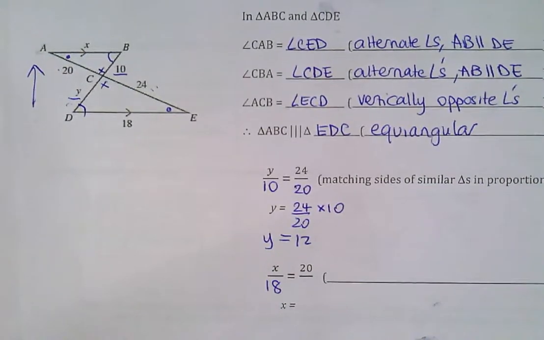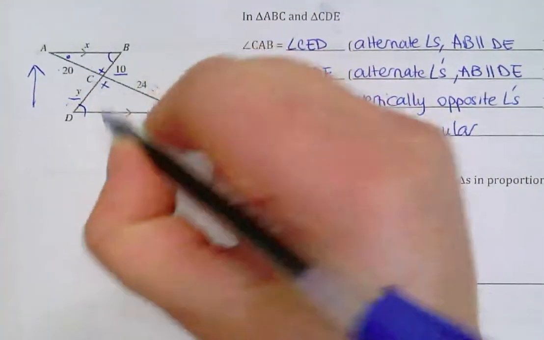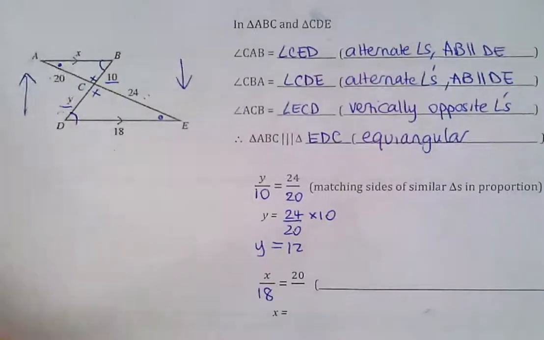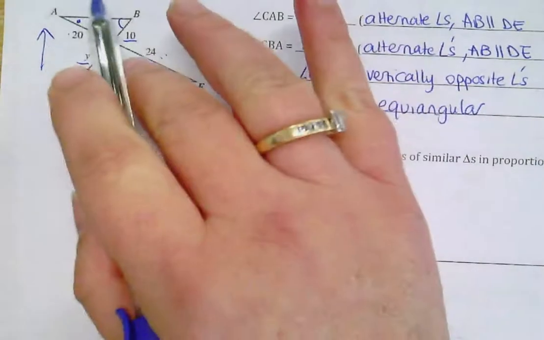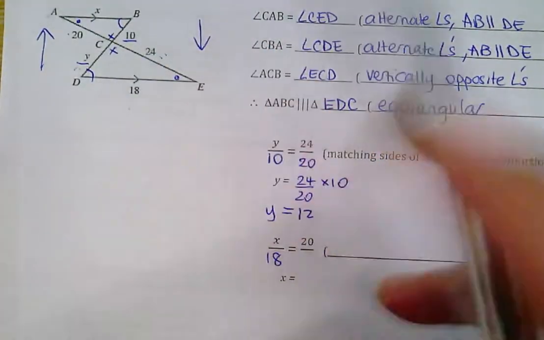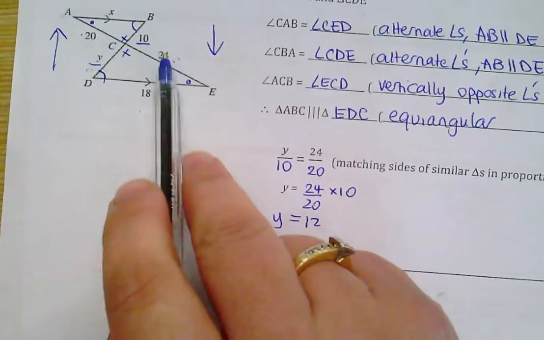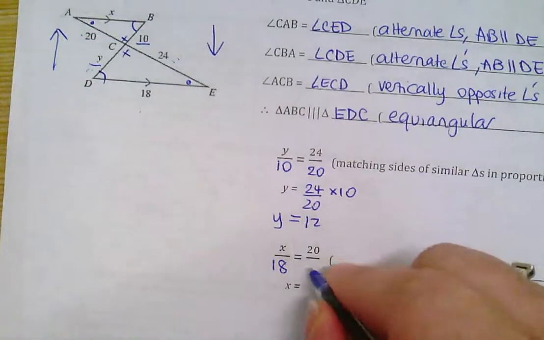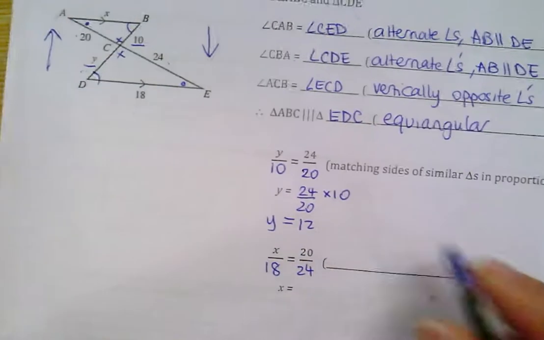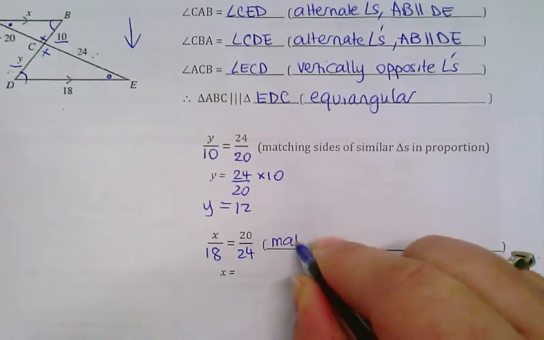So now this time we're going from top to bottom. X over 18 equals 20 over 24. 20 and 24 are between dot cross. Reason, matching.